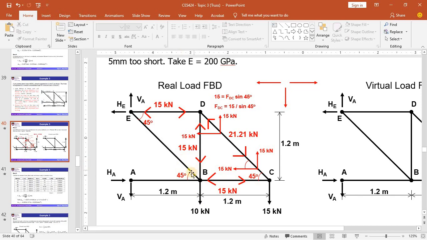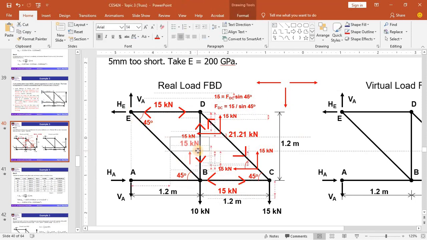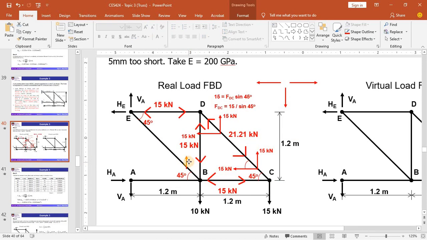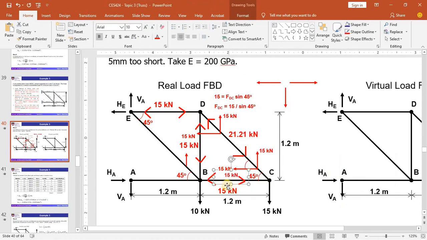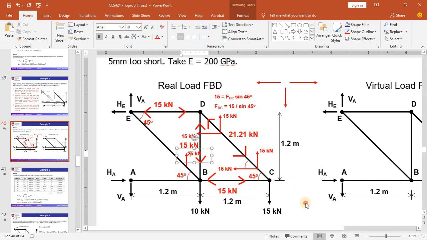In order to balance these two forces, 15 and 10, which result in 25 kilonewtons in total, we need to apply 25 kilonewtons upwards. So the vertical component for member EB is equal to 25 kilonewtons.